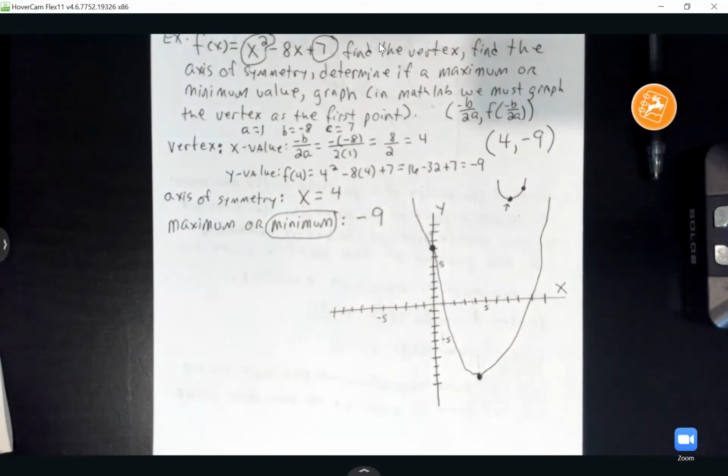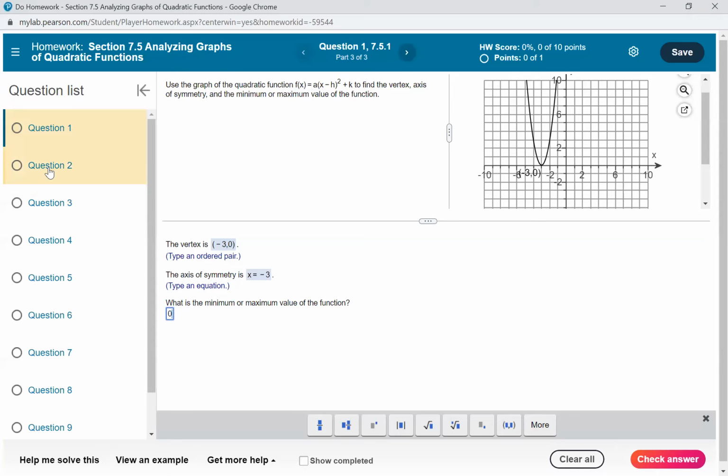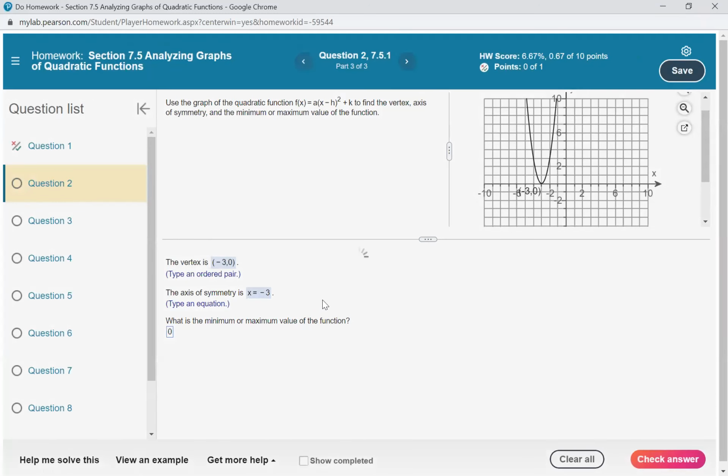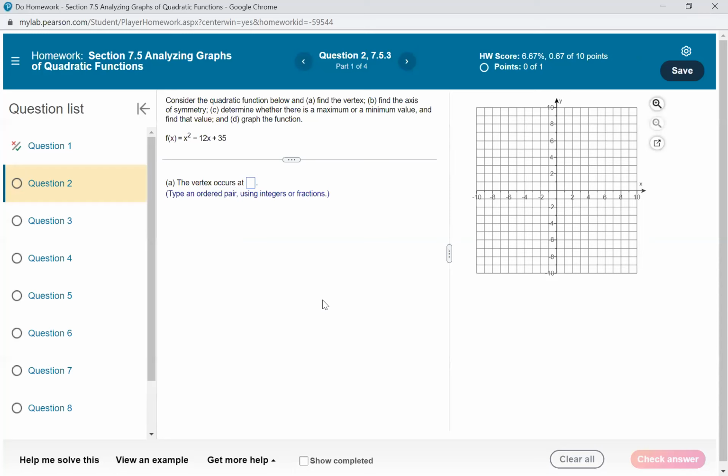So I'm going to go back to MATLAB. Now it's going to make us start another problem here. So y'all, let's try this one. I'm going to write this one down.